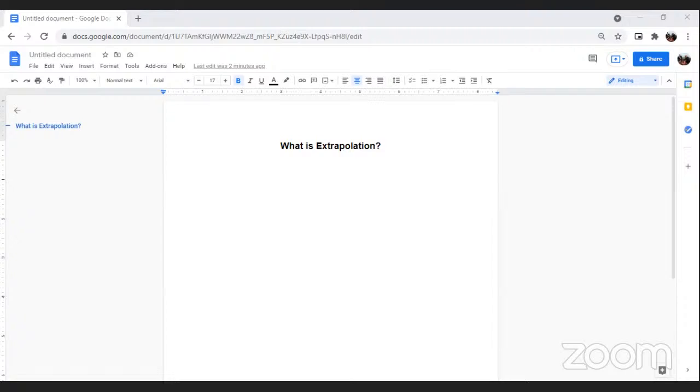We actually search for the facts beyond the area that is certainly known. In general words, extrapolation is to infer something that is not explicitly stated from the existing information that we have.